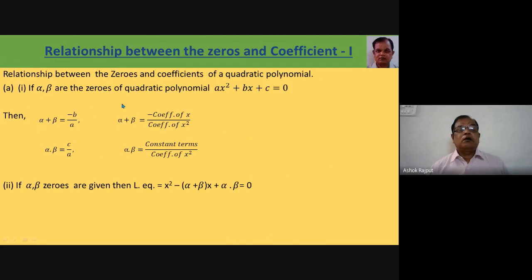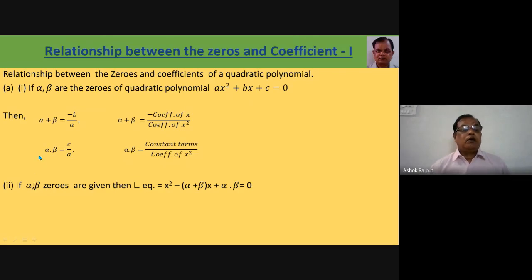That is, alpha plus beta equals minus the coefficient of x upon the coefficient of x square, and alpha into beta equals c upon a. We can write alpha into beta equal to the constant term, here the constant term is c, divided by the coefficient of x square, which is a.